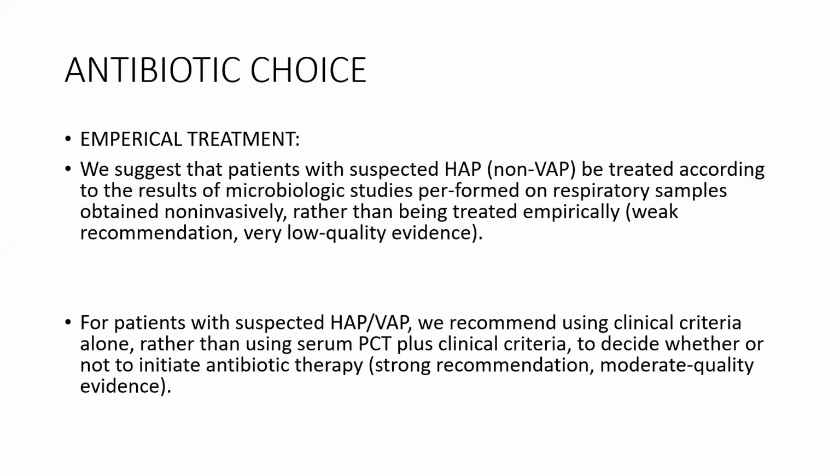We also recommend using clinical criteria for empiric choices. It's more accurate from all the data that we've seen. PCT is still good, but the clinical criteria actually override a lot of the results. This was a strong recommendation from most of the papers that we looked at.